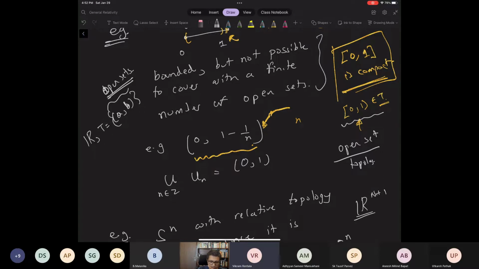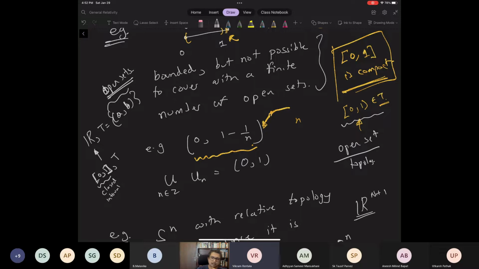Now what we want to do is take a subset of the real line. In this case, the subset that we're choosing is a closed interval. We can always choose this subset. And now we want to define the induced topology on this subset.